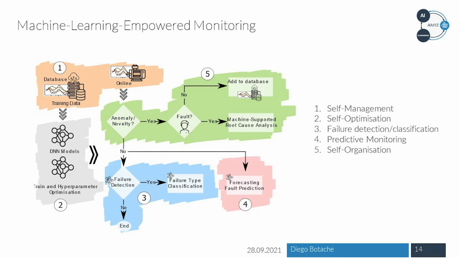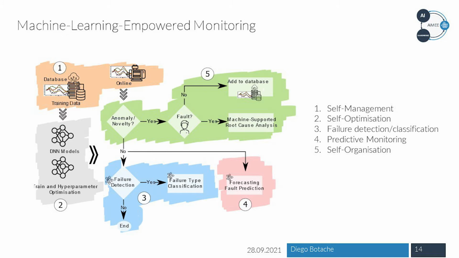In the second area, the self-optimization area, we should be able to select different deep neural network architectures, and also to optimize hyperparameters using techniques like Bayesian optimization, grid search or random search. Then we have the failure detection and classification, and this is the first stage for providing the system the ability for self-awareness and delivering information about the actual and current state in the system.